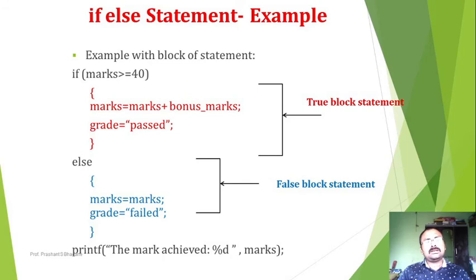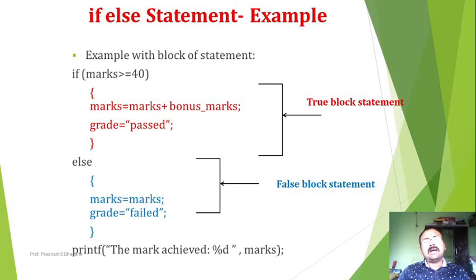If the condition is true, marks greater than or equal to 40, then the red lines are executed. If the condition is false, marks is less than 40, then the blue lines, or false block statements, are executed.